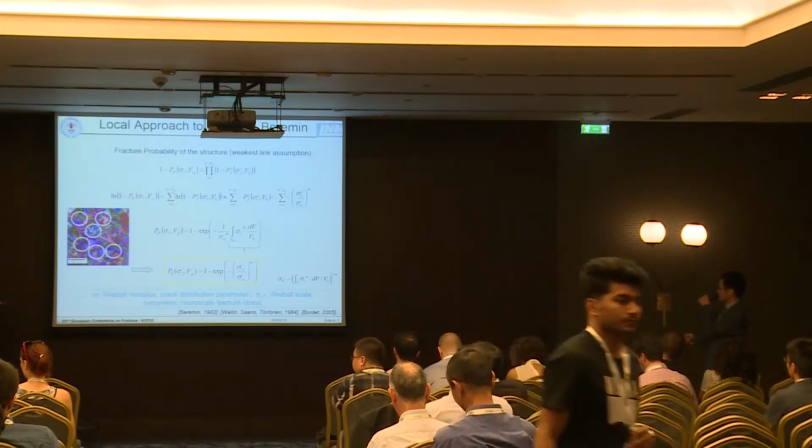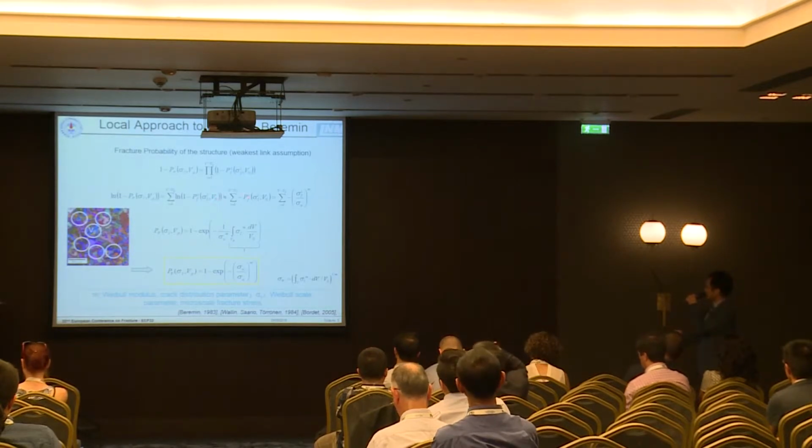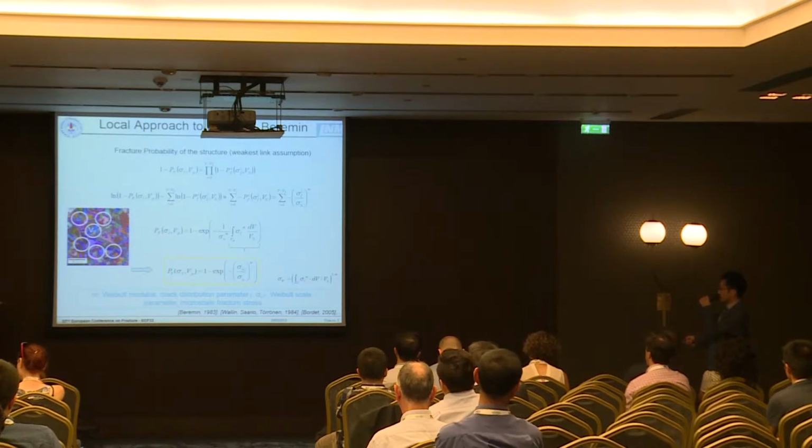Following this procedure, with the approximation ln(1 - PF) equal to -PF, the fracture probability of the whole structure is given by this equation.